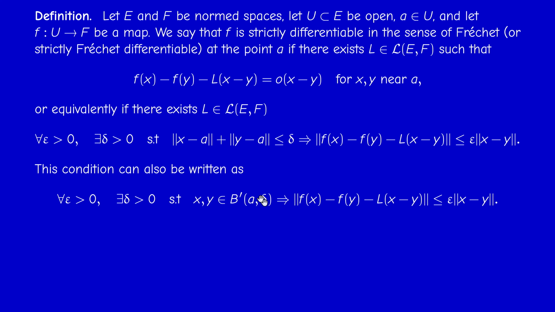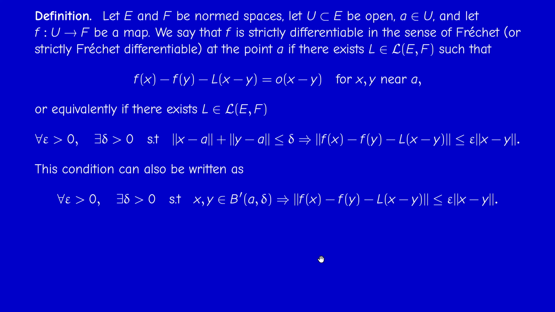Or if you'd like, in terms of balls, for every epsilon positive, there exists a positive number delta, such that for all x, y in the ball of center A and radius delta, we have this inequality. Now, it doesn't really matter if you take an open ball or a closed ball here, as you may check. So I can write strictly less than delta. And I can write here strictly less than epsilon. Doesn't really matter, okay, as you may check.